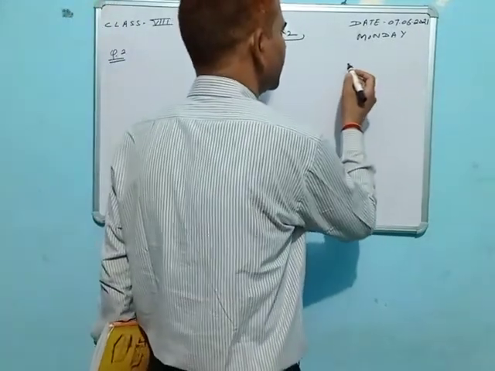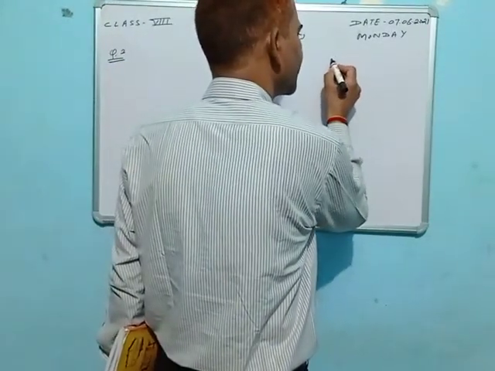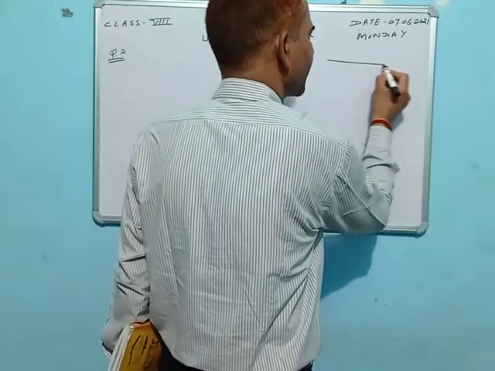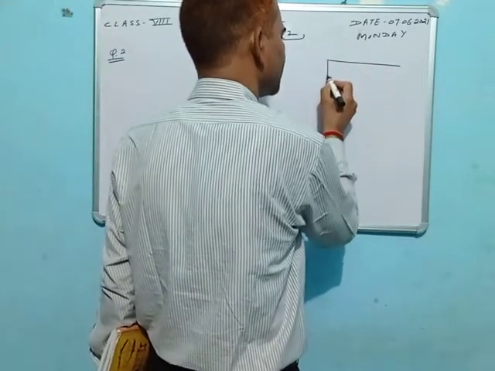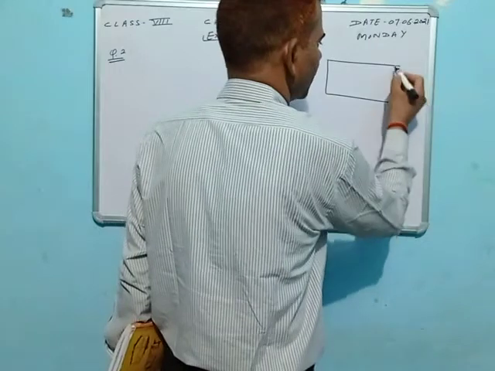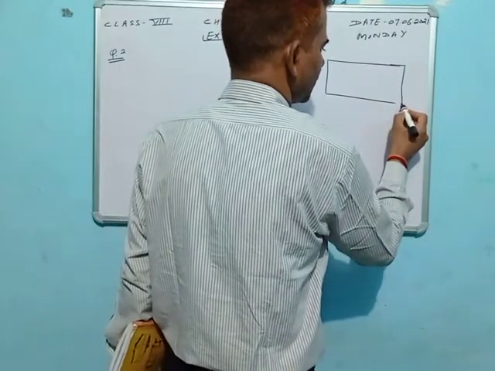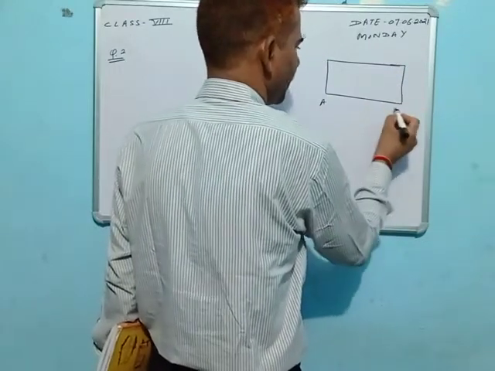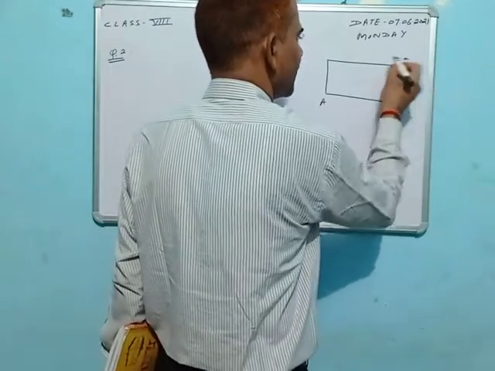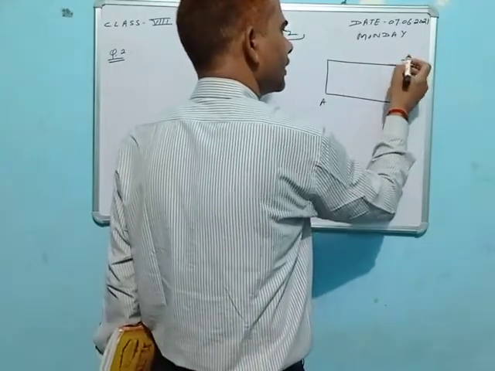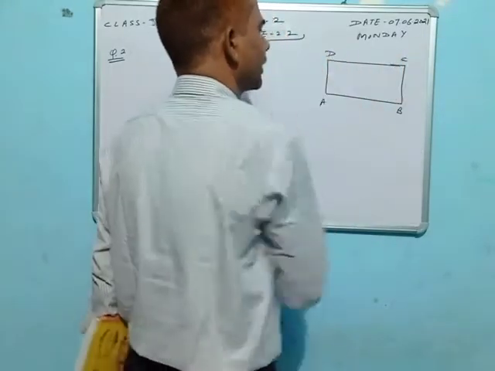Perimeter of rectangle. Students, consider this is a rectangle ABCD.